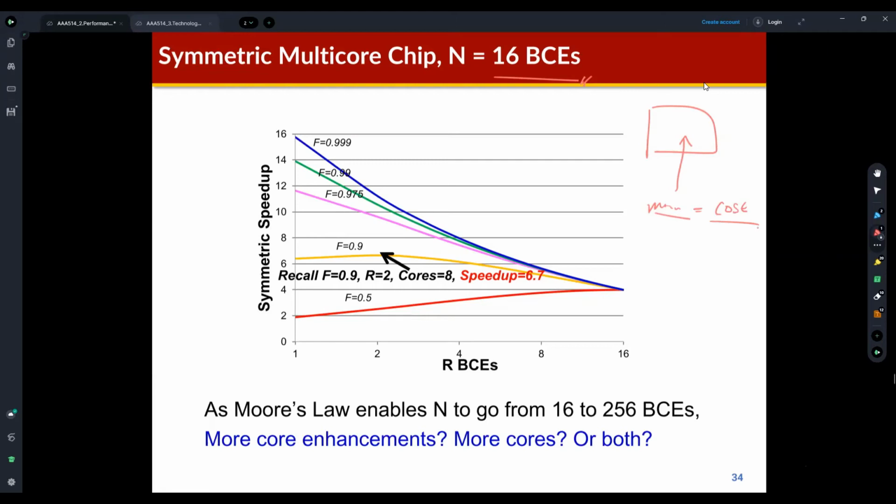So in this paper, the researchers assume that the cost is determined by area. But if Moore's law continues, which means the number of transistors doubles every 2 years, then in the same area we can include more transistors, which means we can invest more resources in cores.